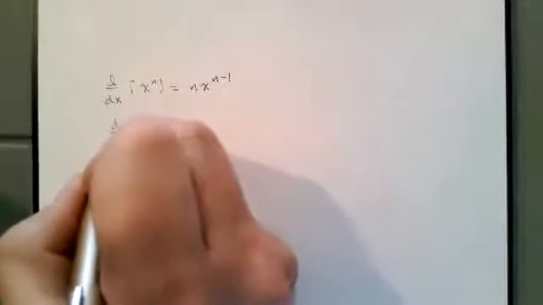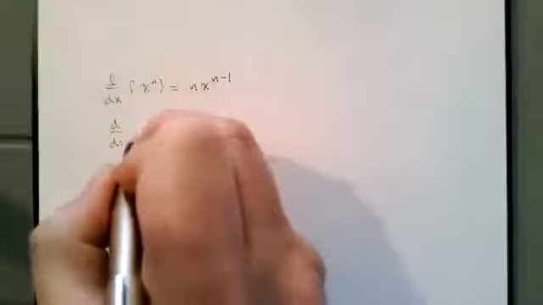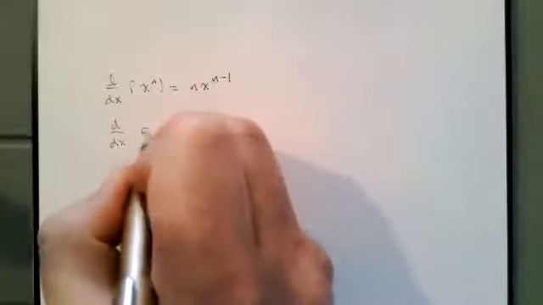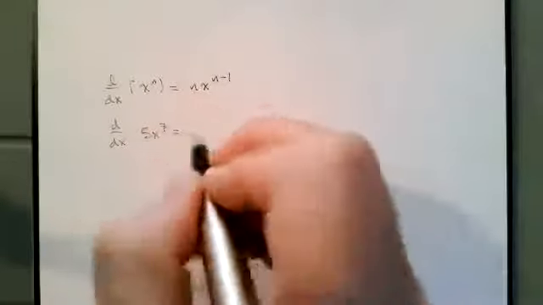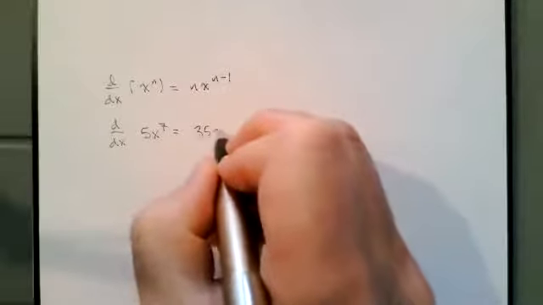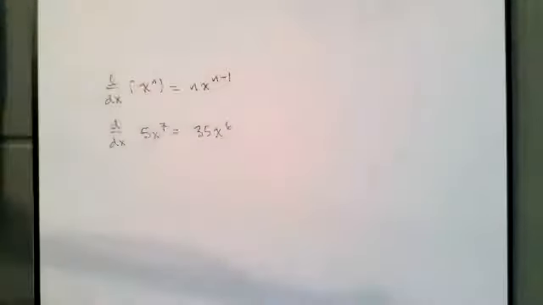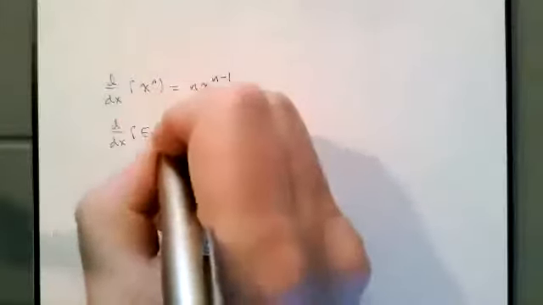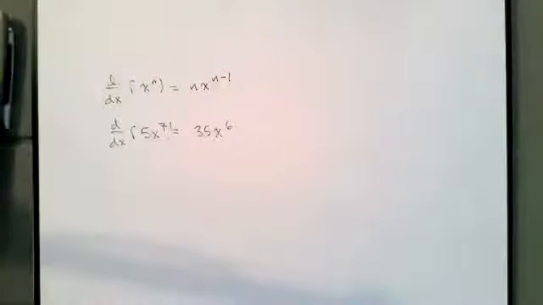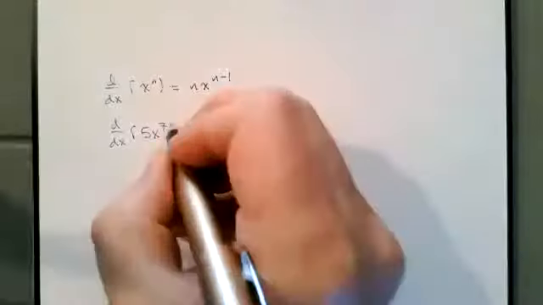This is the first thing that we started working on. The derivative with respect to x of 5x to the 7th will be 35x to the 6th. Because there's so many words that we could pile on to this, we just say the derivative of 5x to the 7th is 35x to the 6th.